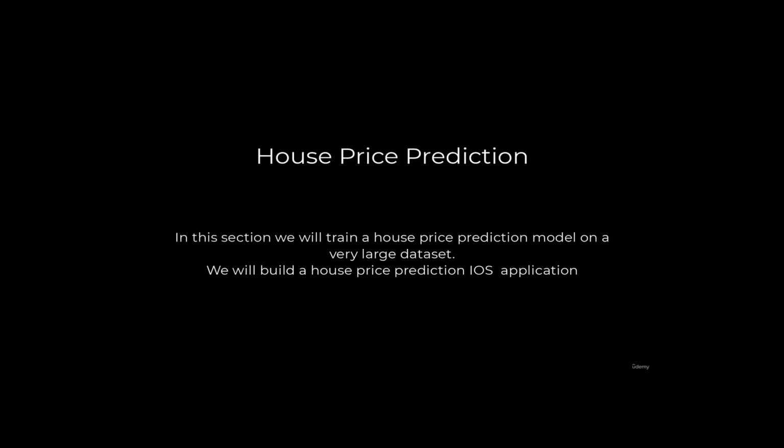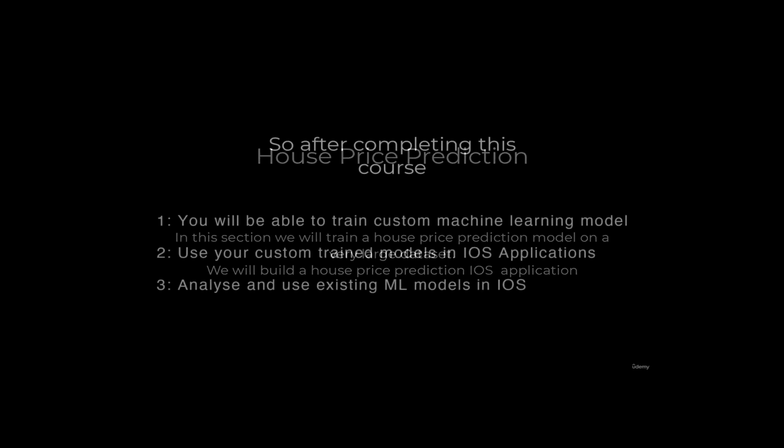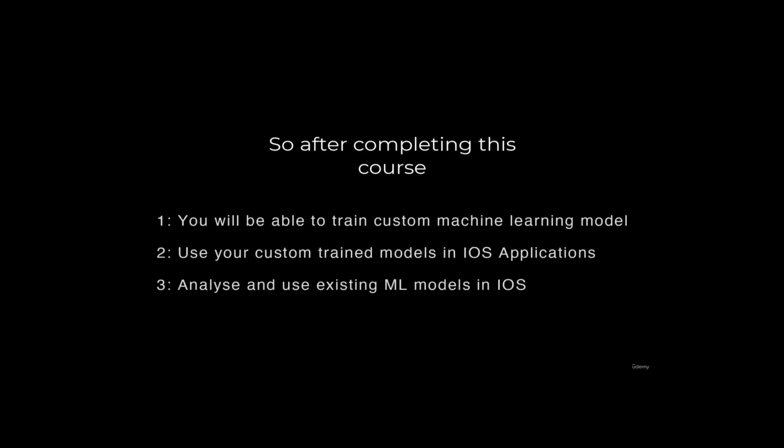After that, you will learn to train another machine learning model to predict price of house based upon different features. And then we are going to use that model inside iOS for building our house price prediction application. So after completing this course, you will be able to train custom machine learning models and you will be able to use those models inside iOS applications.